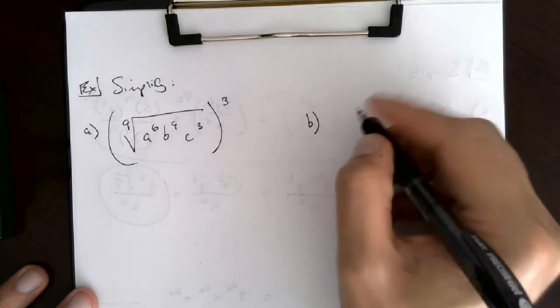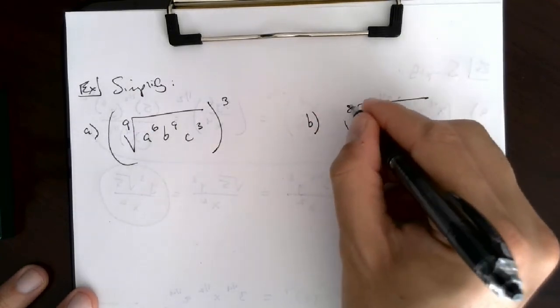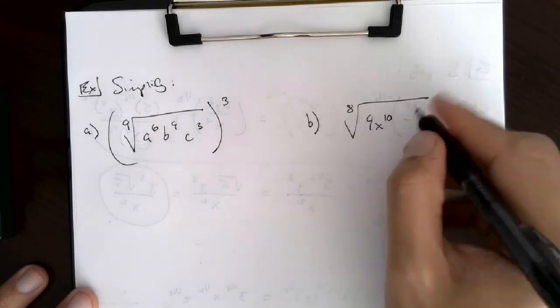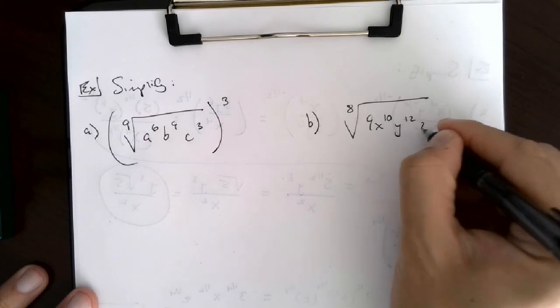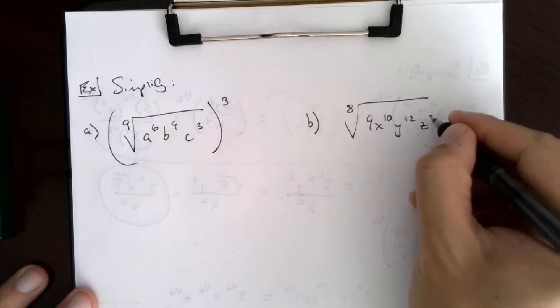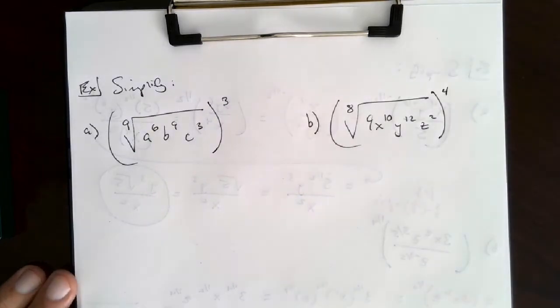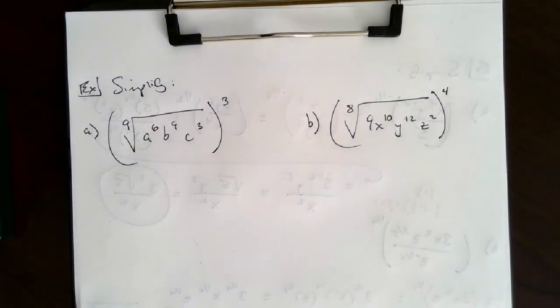And the second one I'll put here is the 8th root of 9x to the 10th, y to the 12th, z to the 2nd power, and that's all raised to the 4th power. So you may want to pause the video, try these on your own, and then check your work.